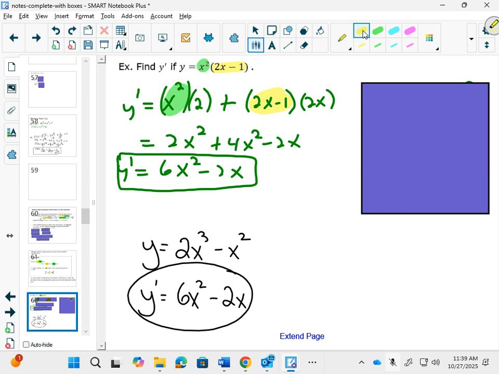So when do we like to actually multiply it out? And when do we like to use the product rule? Well, if multiplying it out is a lot of work, then you're like, I want to use the product rule. If multiplying, like this one, was not much work, I like that better.